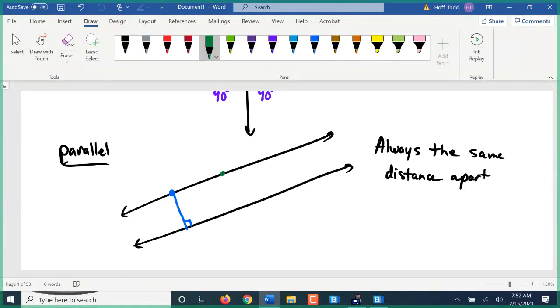I can pick that point, I can pick this point, pick this point. Those distances should be the same no matter what point I pick on the first line, should be the same distance to the other line. And the reverse is true. If I pick a point on the second line and I go back to the first line, that distance should be the same as going the other direction. Everywhere equidistant, always the same distance apart.